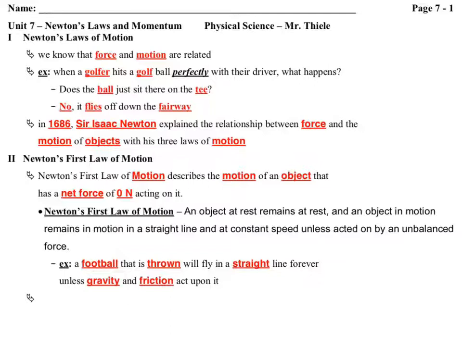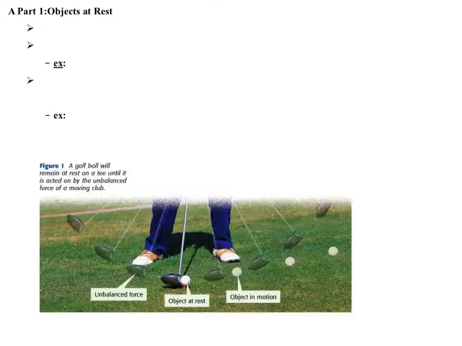Now when we look at Newton's first law of motion, it's a little easier to understand this law if we look at it in its two different parts, because it talks about two different situations. So what is the first type of situation that Newton's first law of motion describes?